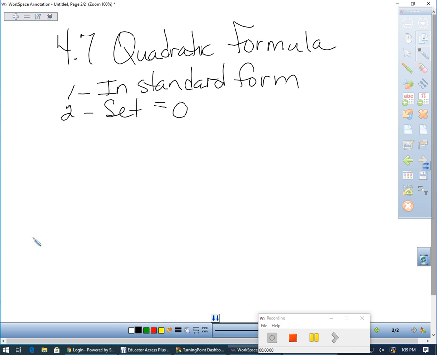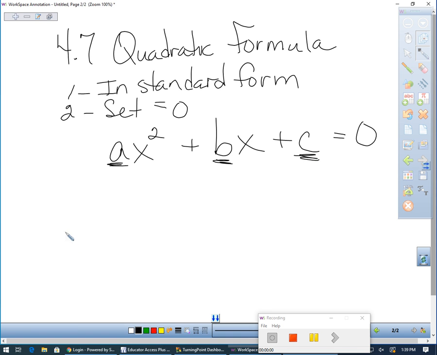I want to remind you standard form looks like this: ax squared plus bx plus c, set equal to 0. We're going to be using that a, that b, and that c for our equation.